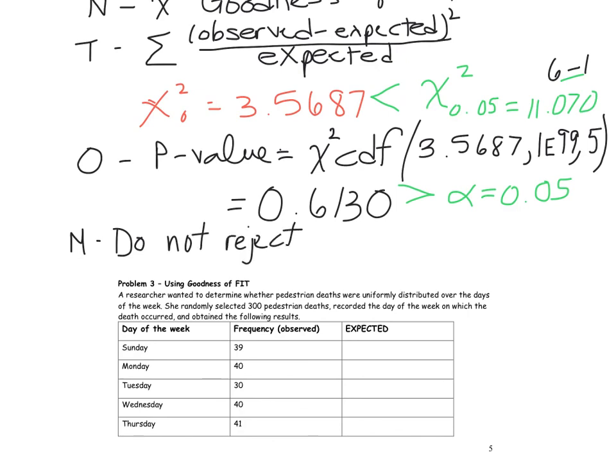Okay, and then finally S, state your conclusion. So if we're not rejecting the null, what kind of evidence do we have?